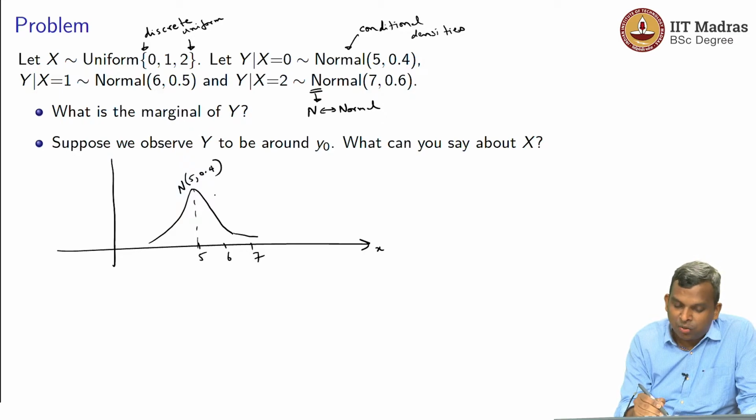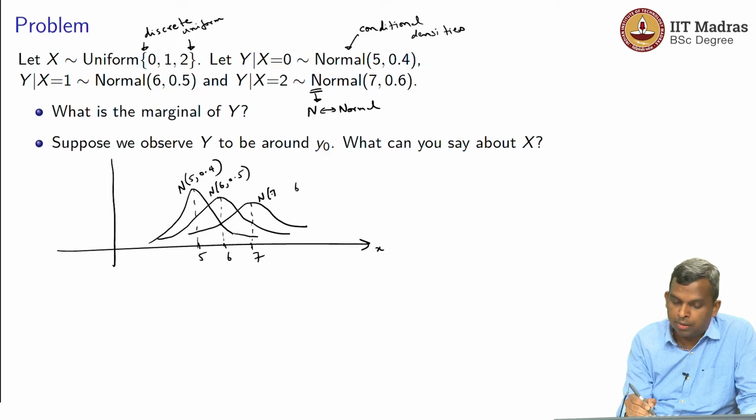And then you've got normal(6, 0.5), so slightly higher variance, so it will go a little lower and then a bit wider. Maybe not this wide. I'm not drawing this to scale; if you do it on a computer, you'll get a better picture. So this is normal(6, 0.5). Likewise, this is normal(7, 0.6), which goes a little bit lower.